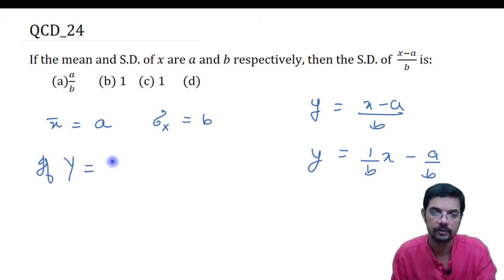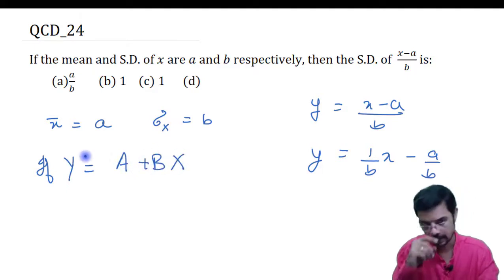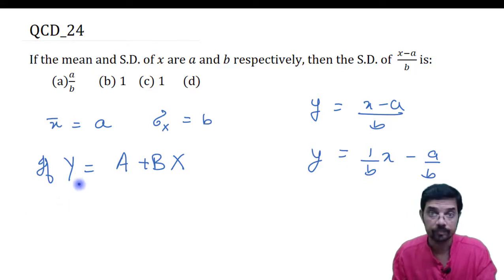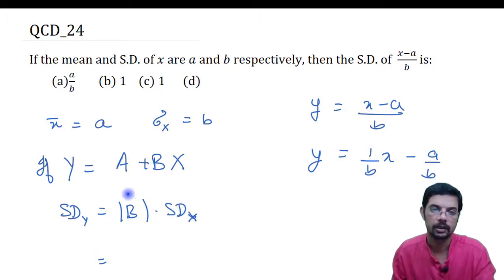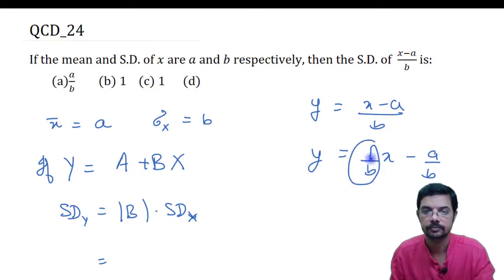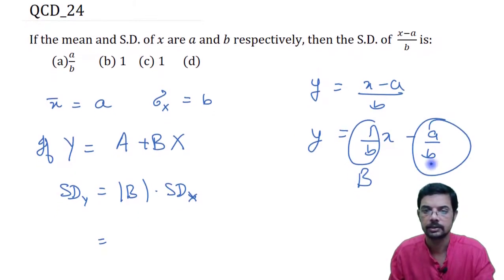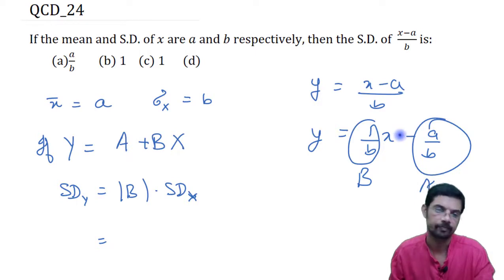So if capital Y is equal to a plus b into x, then the standard deviation of y, SD of y, will be equal to modulus of b into the standard deviation of x. Here the mod b is the scale, and a is the origin along with the sign.